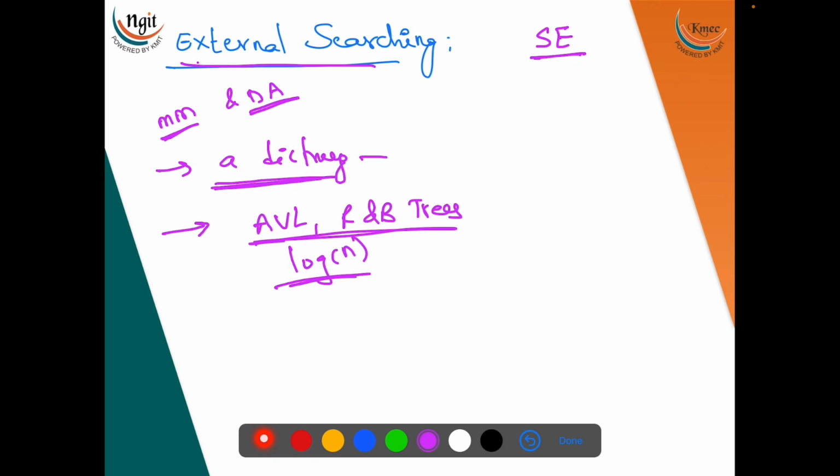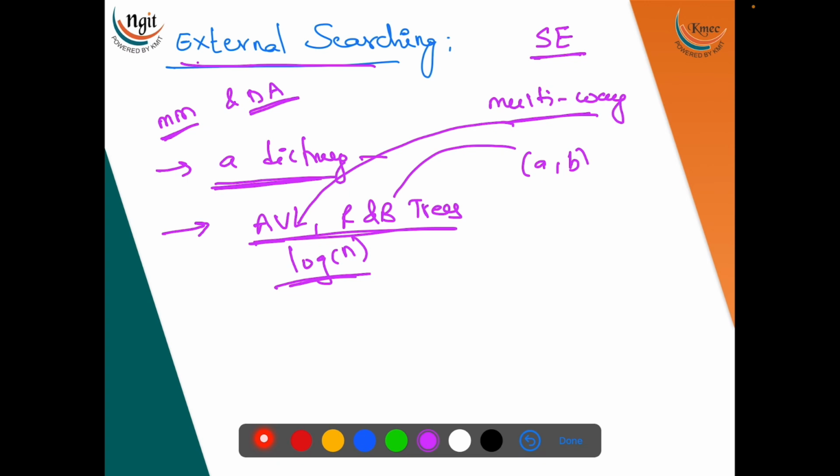Now, to reduce the performance difference between internal memory access and external memory access for searching, dictionaries can be represented using a multi-way search tree, where this tree does not need any rotations as you need in an AVL tree. This tree does not need any balancing factor as you need in a red-black tree. So this tree is what? It is the AB tree.